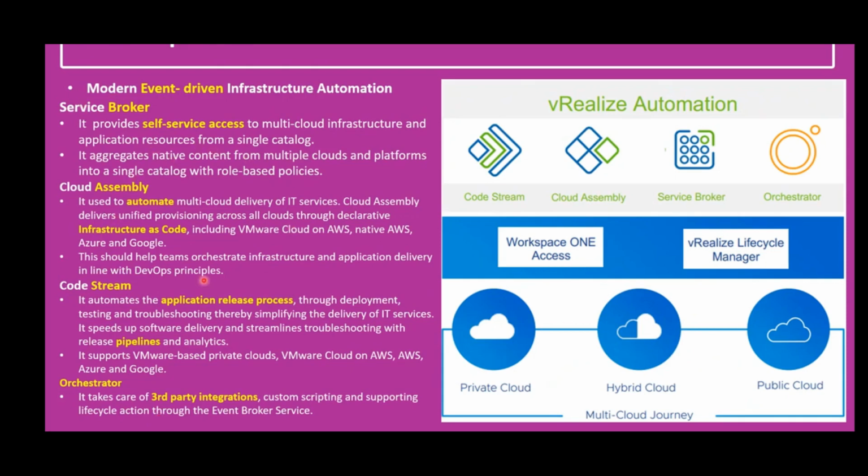Instead of reading all these points, just understand that Service Broker is mainly for self-service access. I highlighted here self-service access, and Cloud Assembly is mainly to design our infrastructure as code. Normally, infrastructure as code you can develop using YAML scripts, or Python scripts, or you can use Terraform or Ansible, anything to prepare your infrastructure as code.